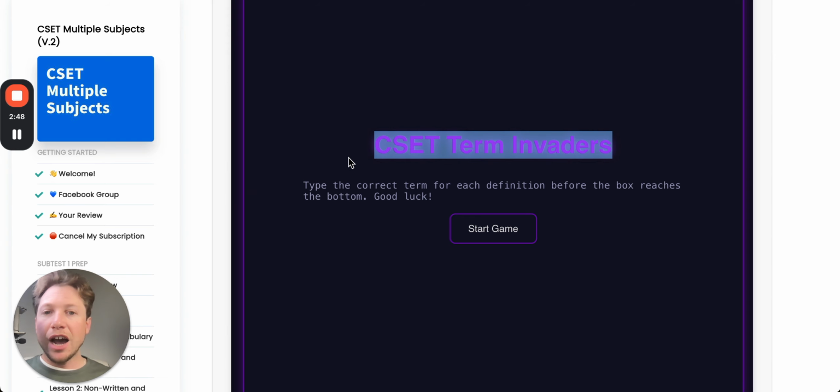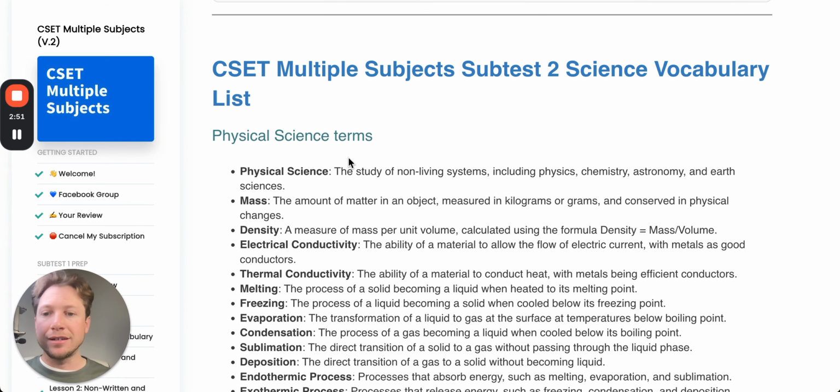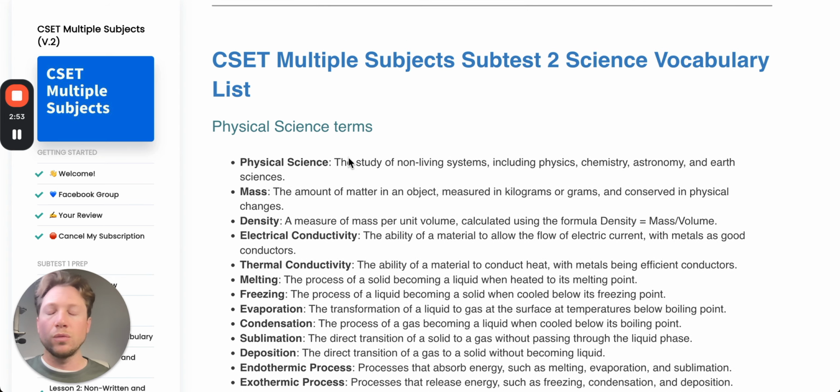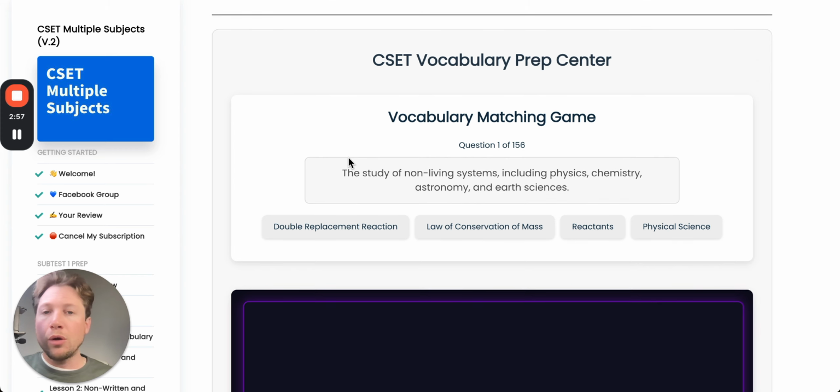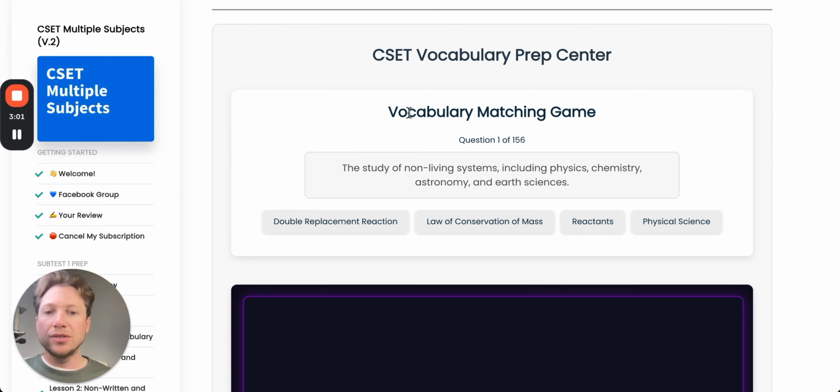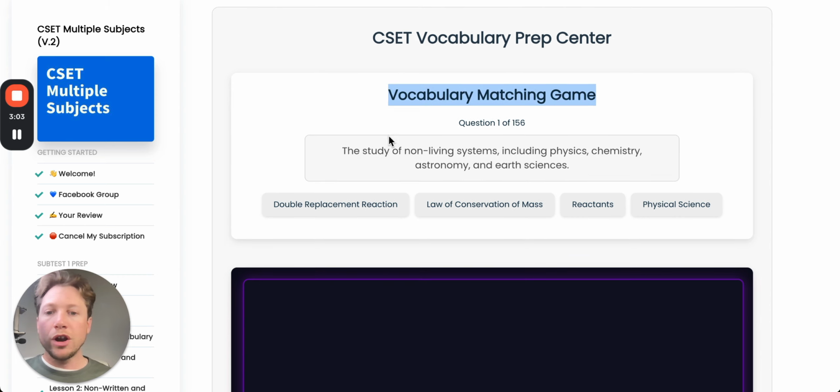So after you have taken a look at the technical terms and their definitions, and you want to actually check how ready you are on test day, well, our test prep here at teacherpreps.com, we give this vocabulary matching game where you can read right here: the study of non-living things, including physics, chemistry, astronomy, and earth science, and then you can double check which this might be.